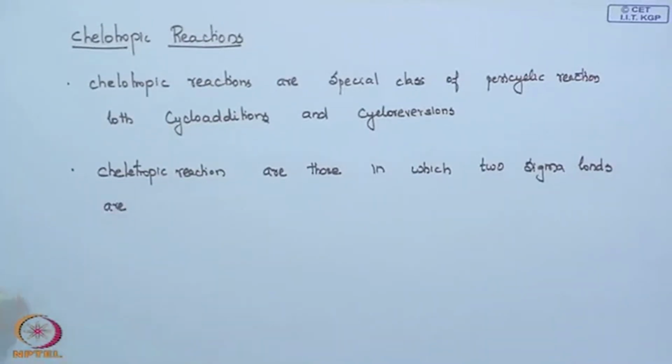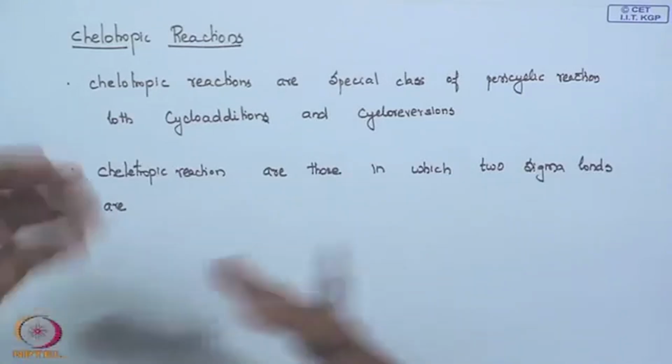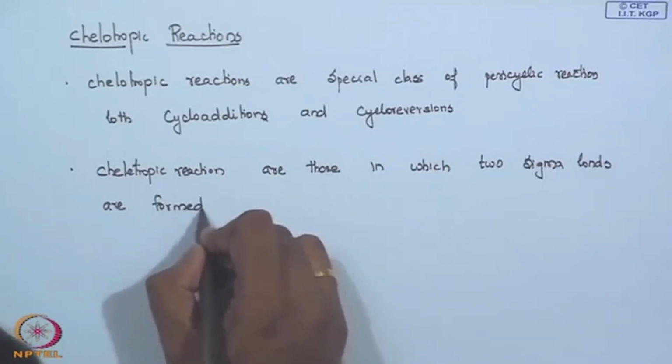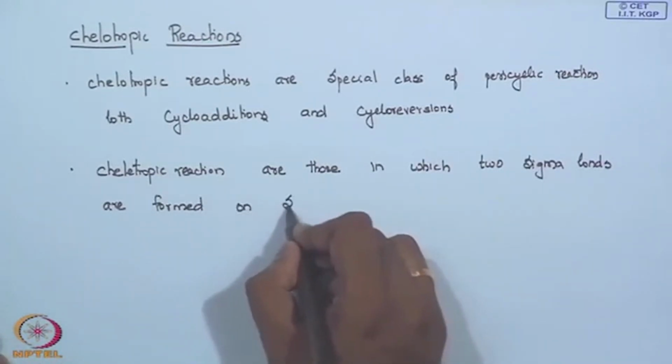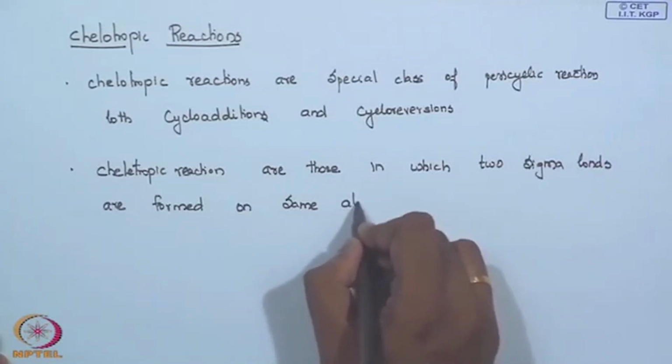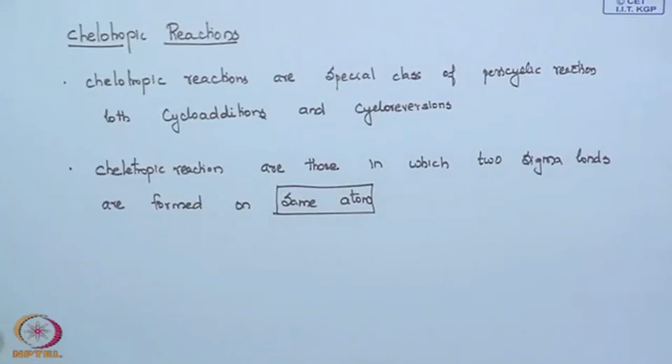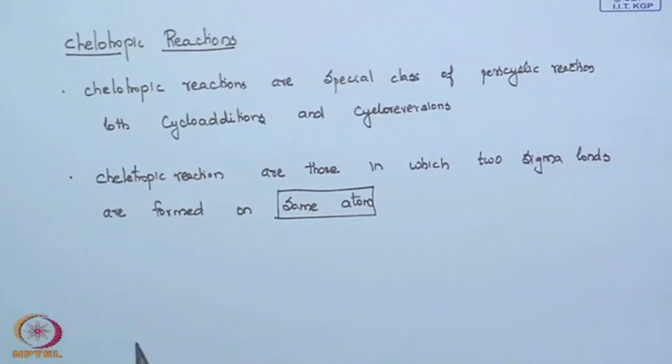You have seen in pericyclic reactions the formation of 2 sigma bonds, and you have seen cycloaddition reactions where you can form new 2 sigma bonds, but how is it different in cheletropic reactions? Cheletropic reactions are those in which 2 sigma bonds are formed on the same atom. That is more important.